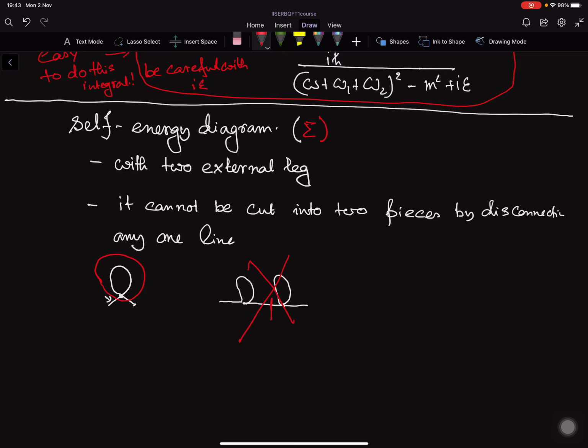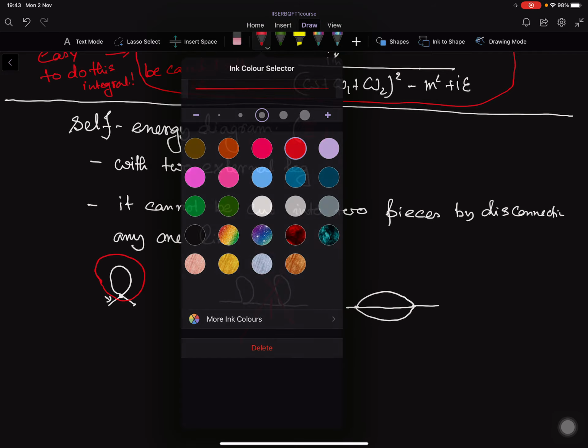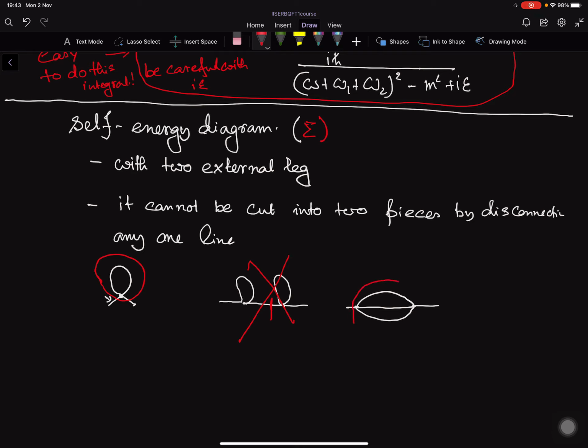If I cut this line, the diagram breaks into two pieces. But for example, there is another self energy diagram, which we have drawn above. So this part is a self energy diagram. Okay.